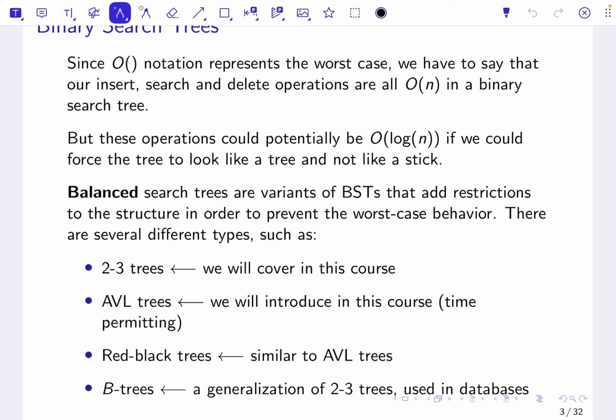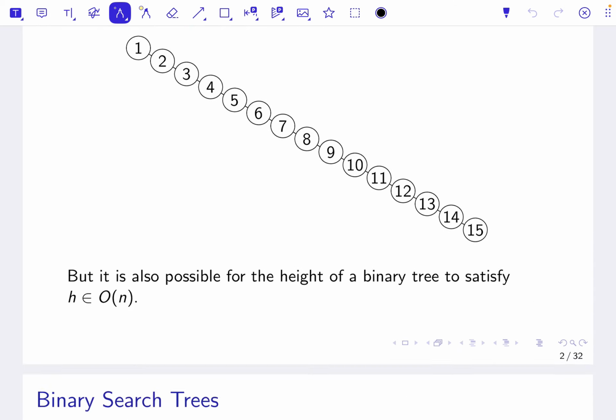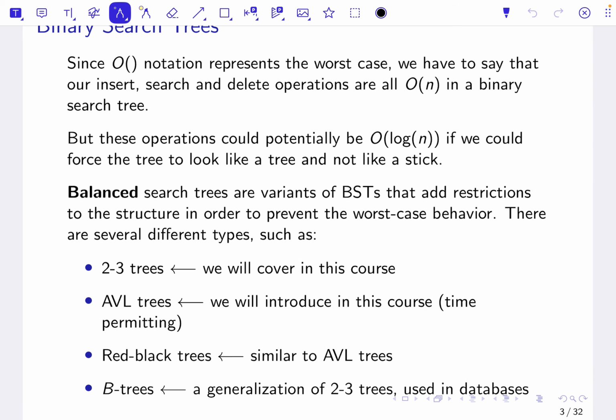So if we want to keep O of log n time complexity in all cases, we need to look into ways to force the tree to actually look like a tree and not a stick. The name for what we're going to look at is balanced search trees. They are like binary search trees, but they have additional restrictions or complications to the structure and their algorithms in order to prevent this worst case behavior.